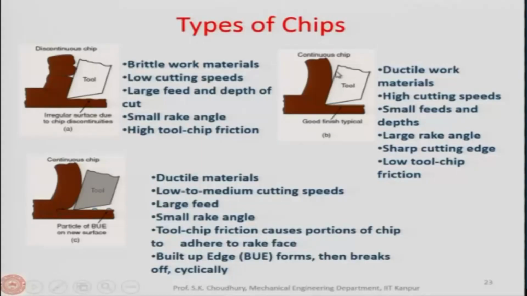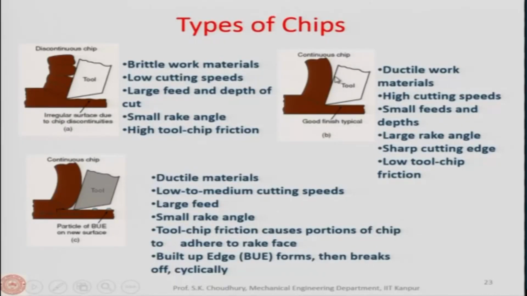The chip cannot be broken manually all the time. So, there are different kinds of chip breakers which are normally installed on the rake face of the tool. When the chip is being formed, it will hit the chip breaker, which is basically a protrusion on the rake face, and it will get broken. Or, for example, I am exaggerating, suppose a crater is deliberately made on the tool rake face.